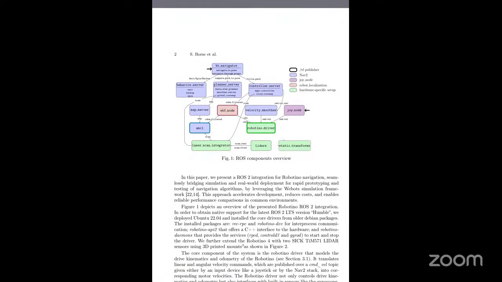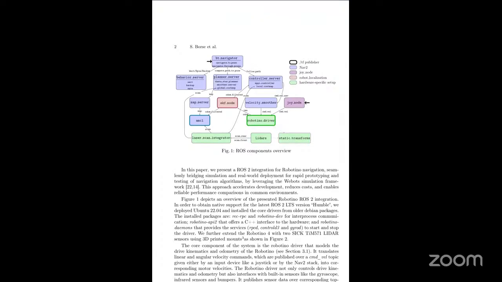So coming to the ROS components overview. In this paper, they are managing the Robotino using ROS2 and Nav2, right?